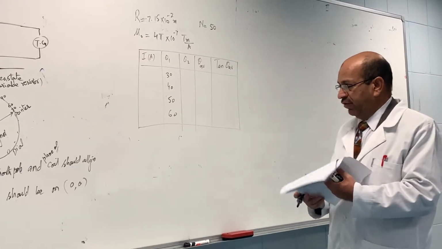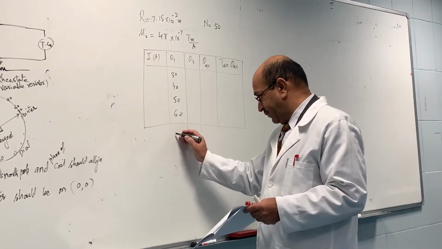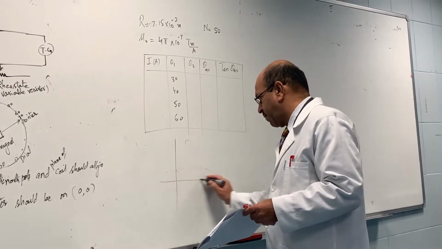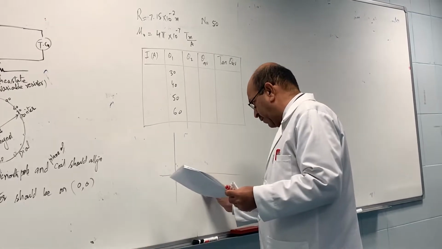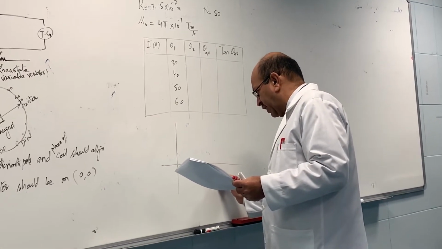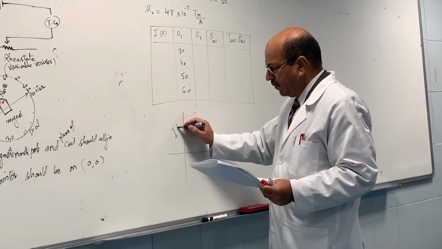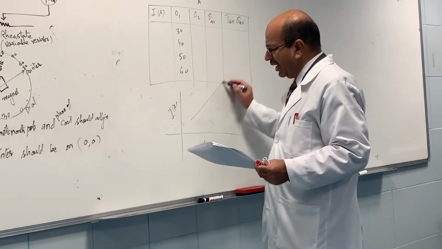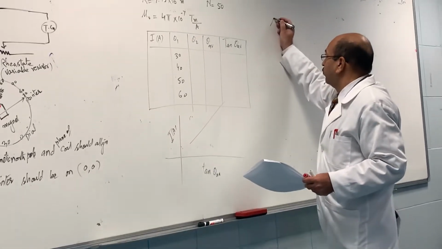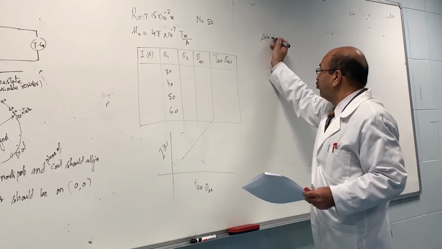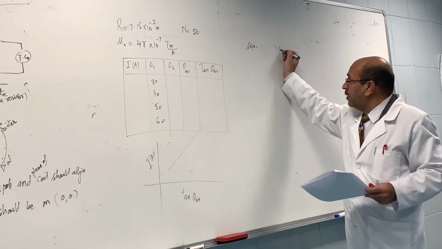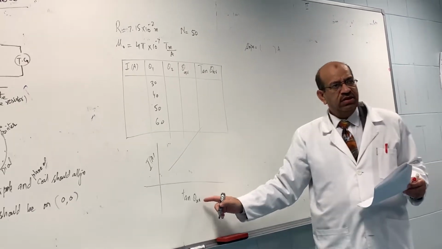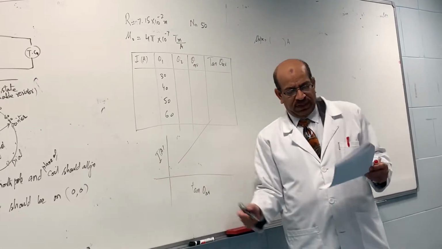After that, you sketch a graph, and here will be tan theta average, and here is the current in ampere, you will see some line. From this graph, you find slope. What will be its unit? Ampere. This is dimensionless and here is the ampere.